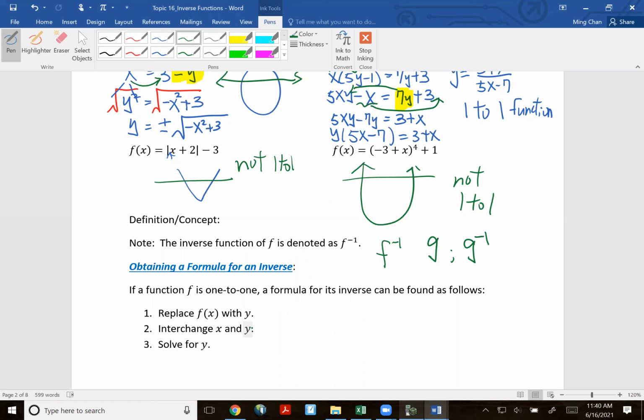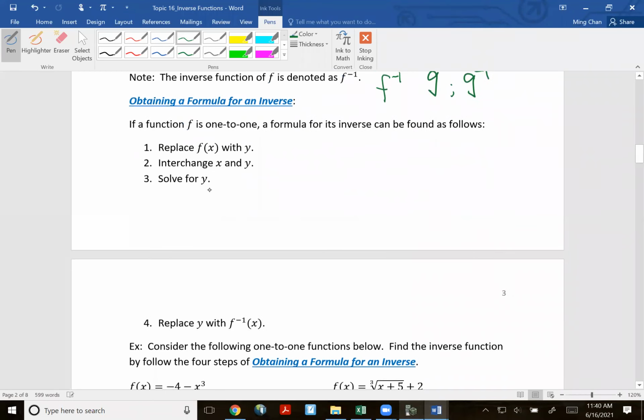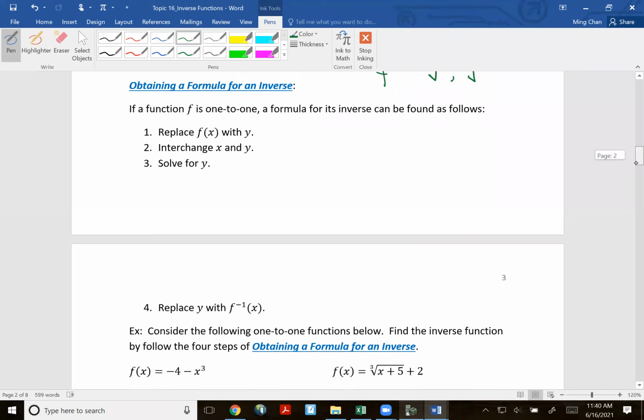That's how you find its inverse. Once you interchange the x and y, you solve for y. Once you solve for y, then if you have y equals, you are a function. So now you can replace the y with f inverse of x. So there are four things we're going to do. I'm going to divide them up into steps.